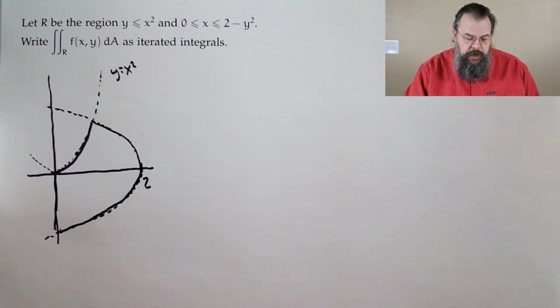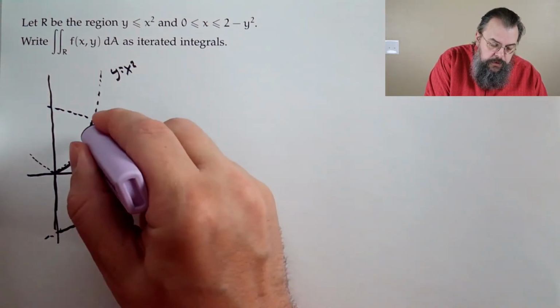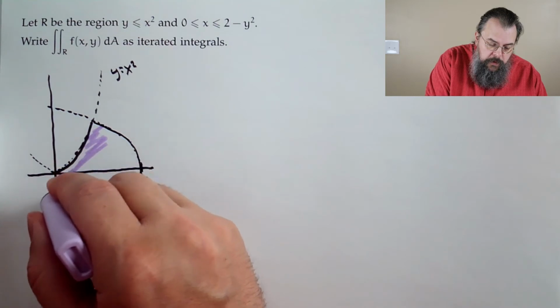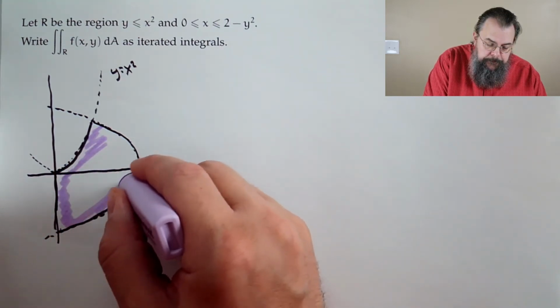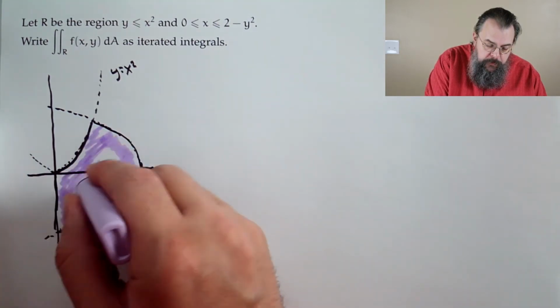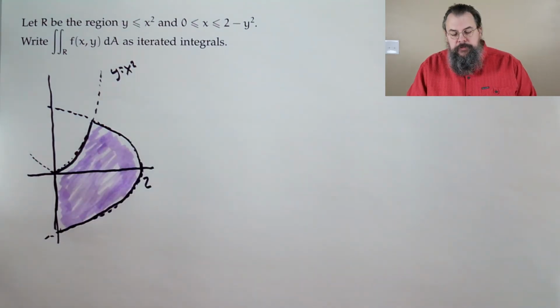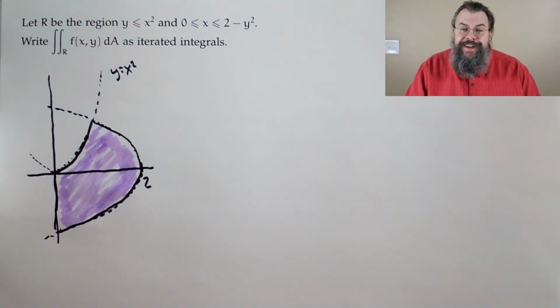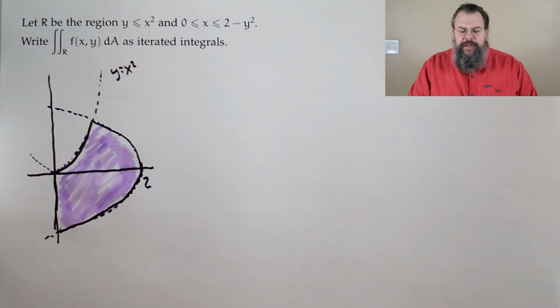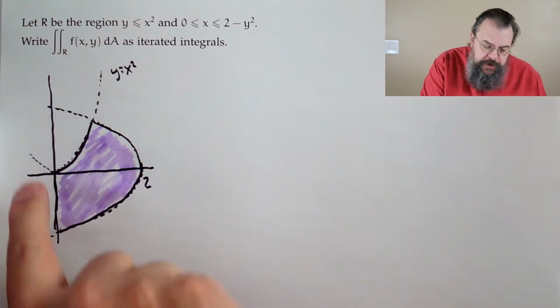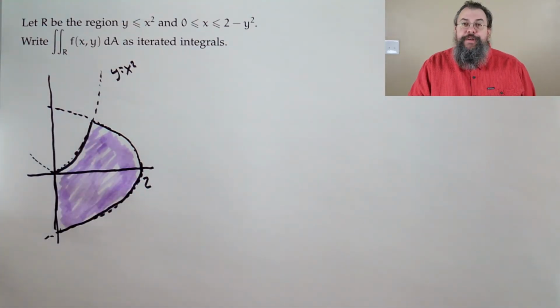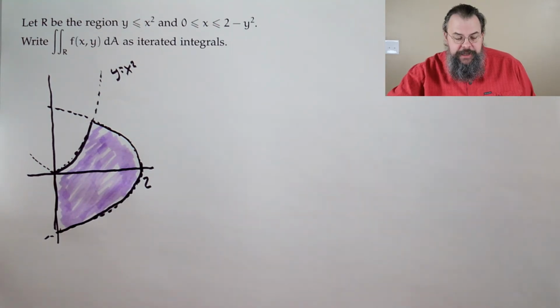Let me highlight it here. There we go. There's our shape. What a fun, interesting region. It's kind of like you have a parabola, but then you sort of bit a little piece out of it in the corner. All right, great.